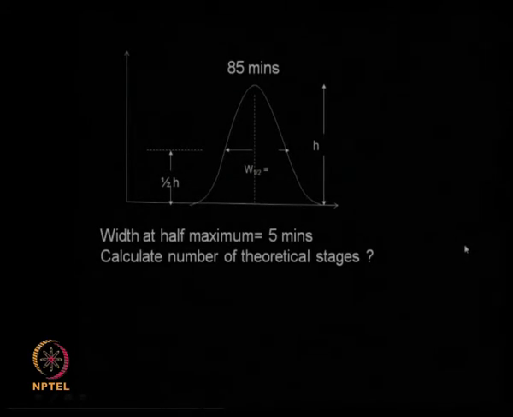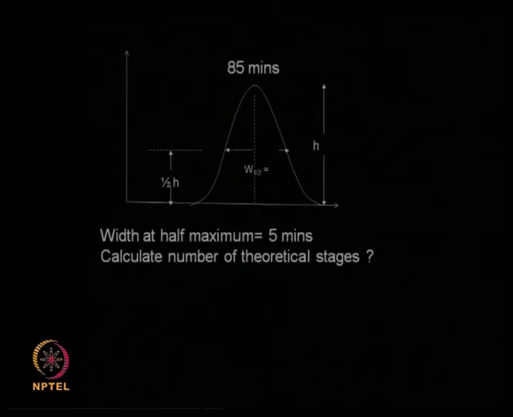Can you calculate the number of theoretical stages? In the previous problem, T naught and standard deviation were given, and you were asked to calculate the number of theoretical stages. In this problem, T naught is given, the width at half the maximum is given, and you are asked to calculate the theoretical stages. So how do you do this? Think, how do you do this problem?